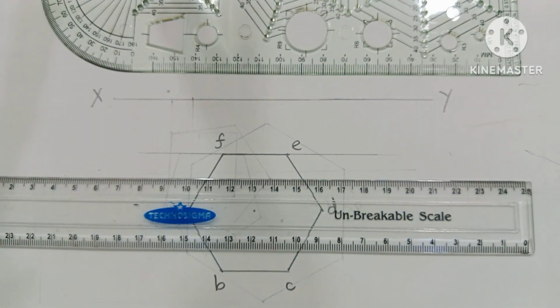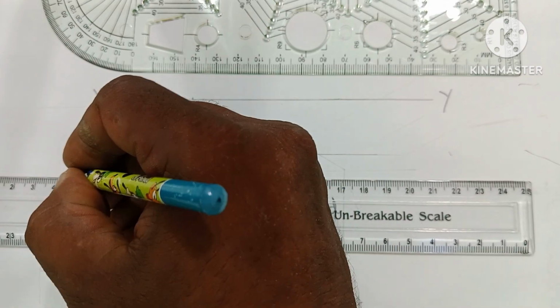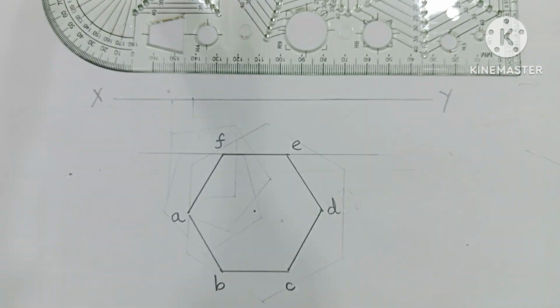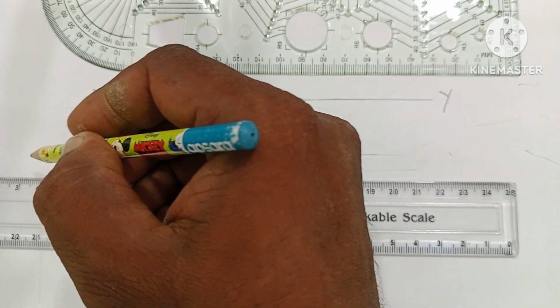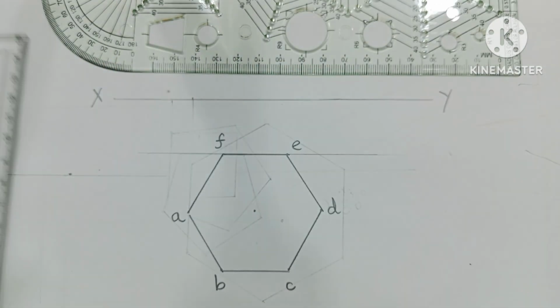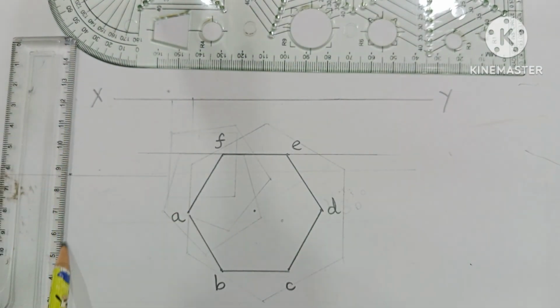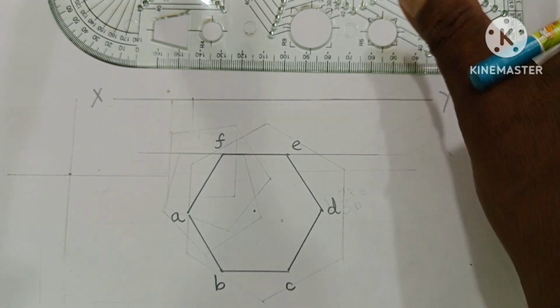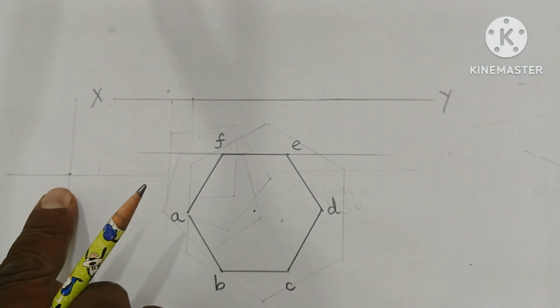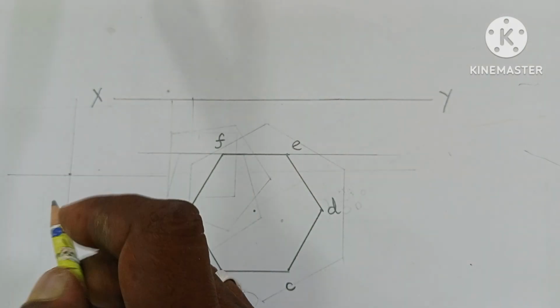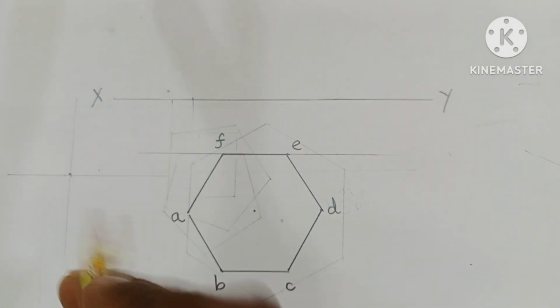You have to fix the center or the circumference edges. For example, this is the center of the circle to be chosen. At the center point, you have to draw a horizontal line using the longer scale of a drafter and a vertical line using the vertical scale of a drafter. Understand? So with this as reference, the horizontal line and vertical line intersect at the center of your circle.